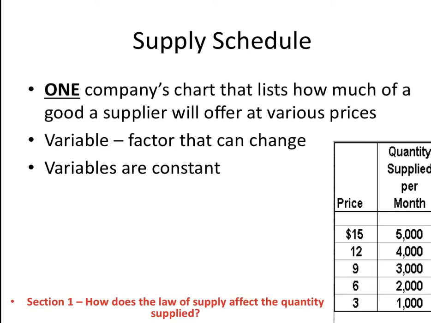So, supply schedule. If you remember, in contrast to the demand schedule, that was one individual where we asked what one person would be willing to pay for a pair of shoes. Well, a supply schedule is the same thing. We could ask a business how much they would be willing to supply at various prices. That would be a supply schedule for one company.